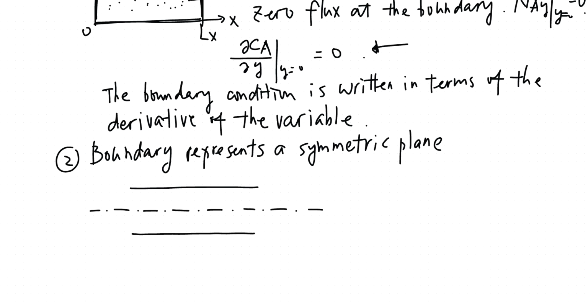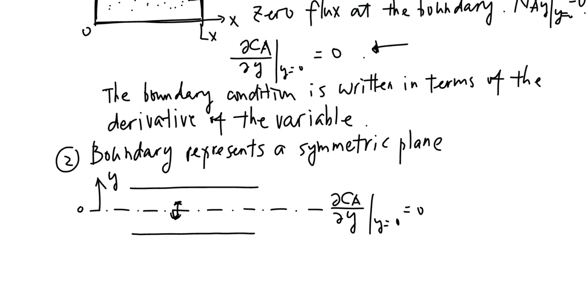So if you ask what's the flux across this center line, you will have zero flux. So you will have partial C_A partial Y, this is y equal to zero maybe. This is the symmetric boundary condition.